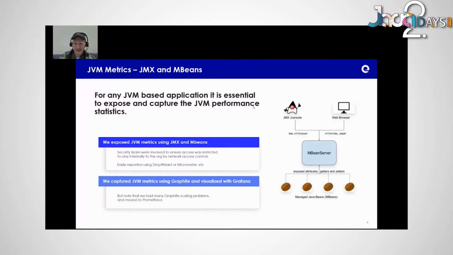A lot of systems use Grafana, but Grafana doesn't hold the data. It reads the data from a time series database. Graphite is quite a common mechanism. With Graphite, your metrics are pushed by the JVM into Graphite, and then Grafana will read those and display them in charts.